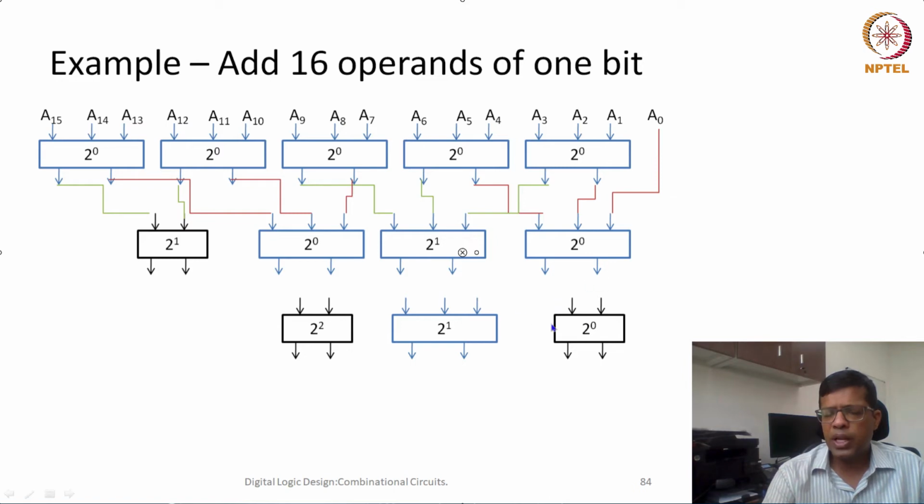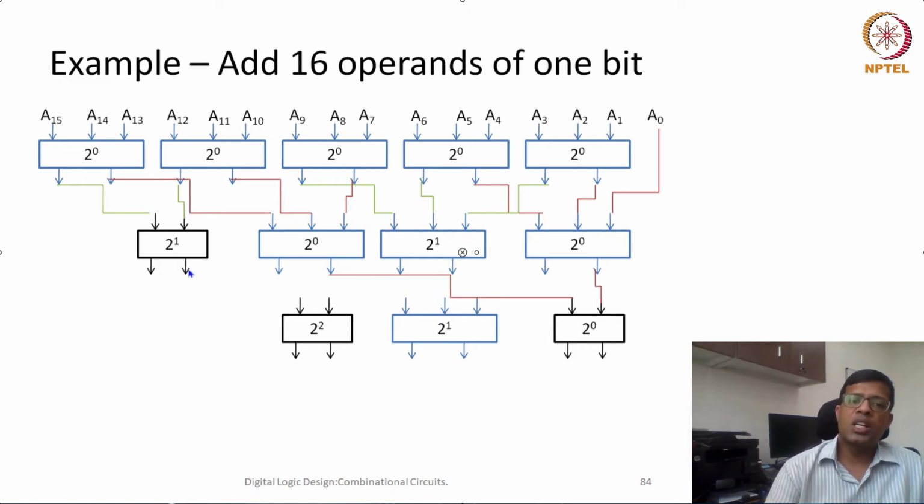I'll take both of them as input to this particular adder, this as well as this. Now this particular output is 2's power 1 place, this is also 2's power 1 place, this is also 2's power 1 place, and this is also 2's power 1 place. So I have 4 inputs which are of 2's power 1 place.